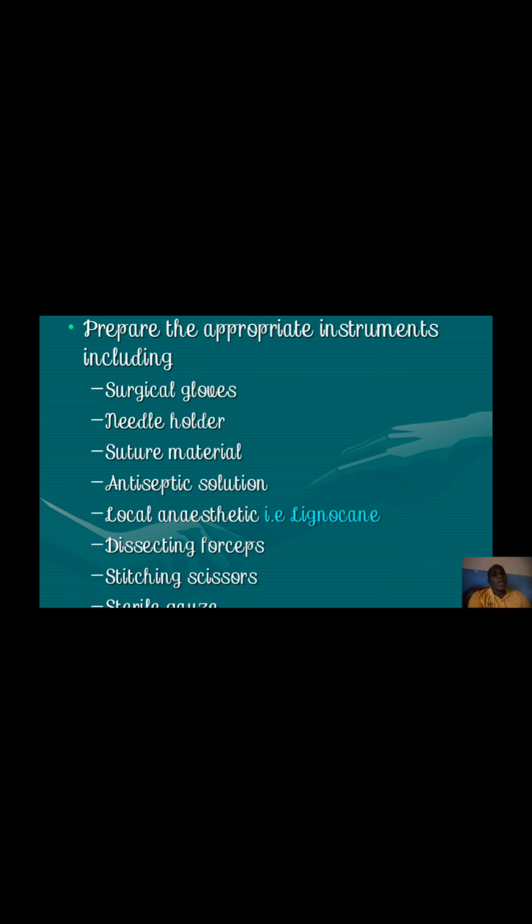But also antiseptic solutions. Antiseptic solutions you can have like a spirit, but also you can have like a Dettol. Dettol ili kutengeneza mazingira yawe katika hali nzuri, umepusha mama asipate postpartum infection. Also local anesthetics, like lignocaine.